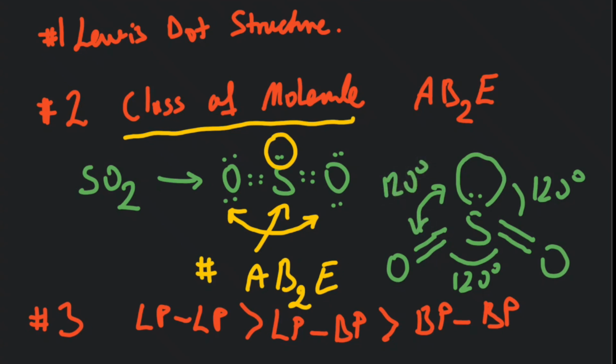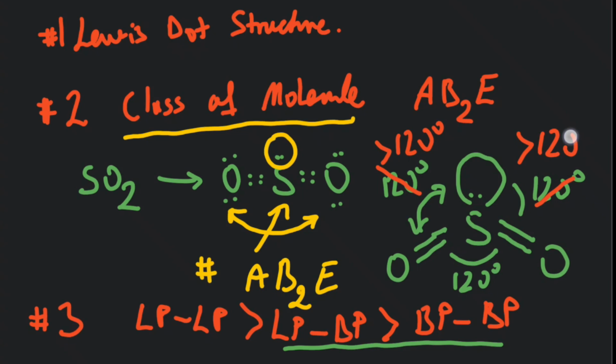However, lone pair-bonding pair interaction is bigger than bonding pair-bonding pair interaction, so this angle should be bigger than 120 degrees, and this one should also be bigger than 120 degrees, and this angle should be smaller than 120 degrees, since the bonding pair interaction is smaller than the lone pair and bonding pair interaction.